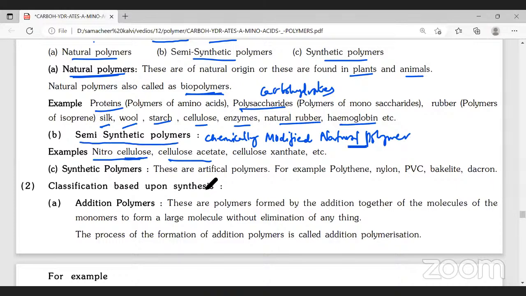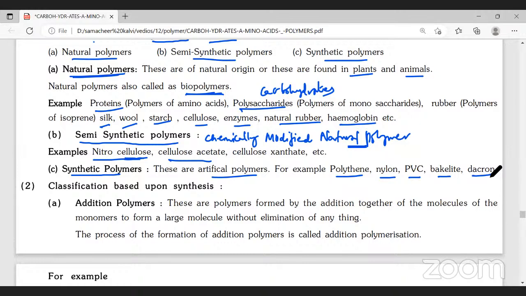Now, synthetic polymers. Synthetic polymers are also called artificial polymers. Polymers which are made or manufactured in the industries are called synthetic polymers. Examples: polythene, nylon, polyvinyl chloride, bakelite, dacron. All these are examples for synthetic polymers.